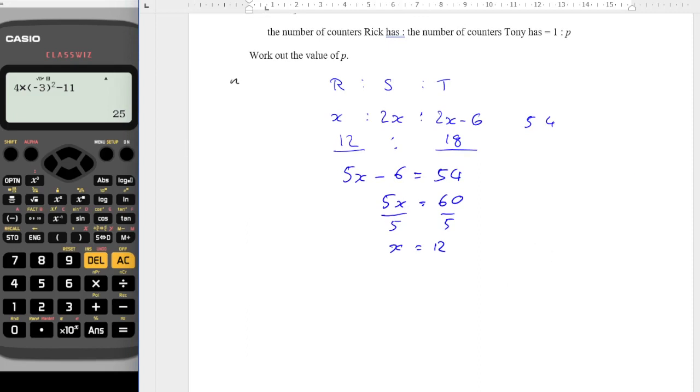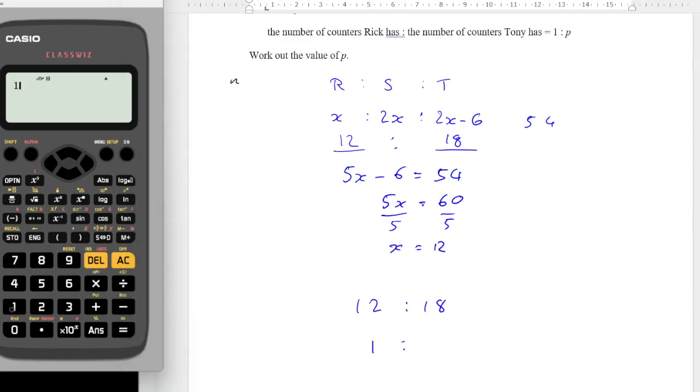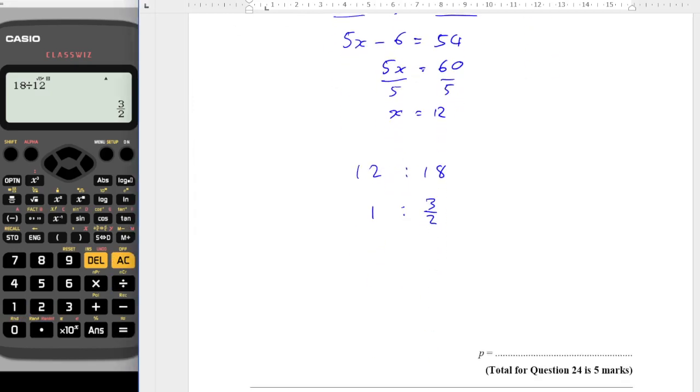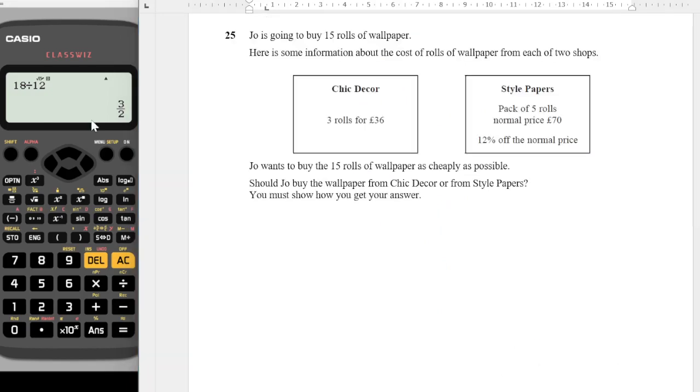So if I bring it back down here, 12 to 18, if I divide both sides by 12, I'd get 1 to 18 divided by 12, which is going to give me 3 over 2, or 1.5. So p is 1.5.